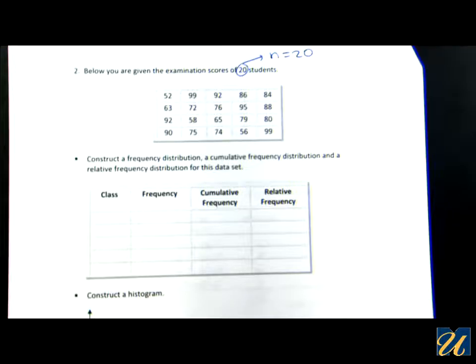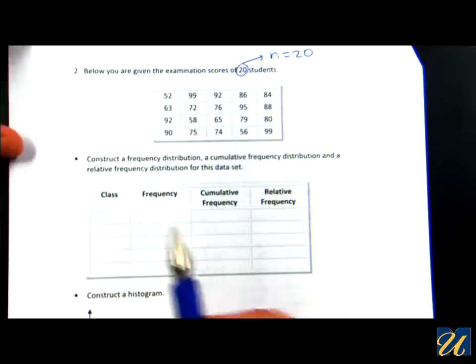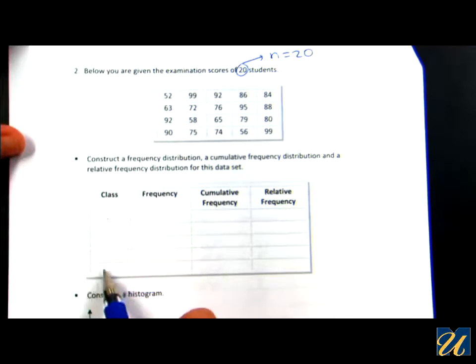We want to construct 5 classes, so we calculate the class width. You find the maximum and the minimum. Maximum is 99. Minimum is 52. You divide this by 5. Class width 9.4. You round up to the next convenient number.